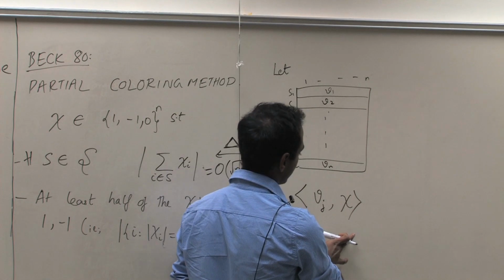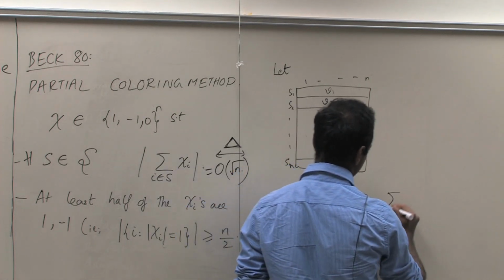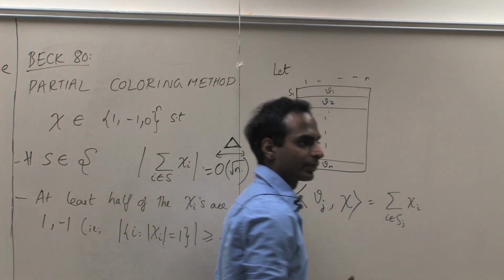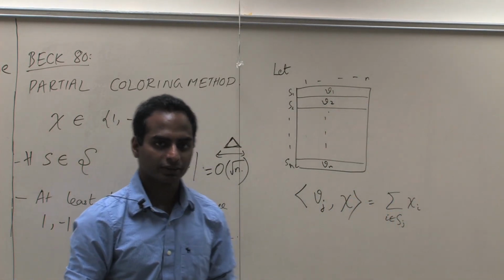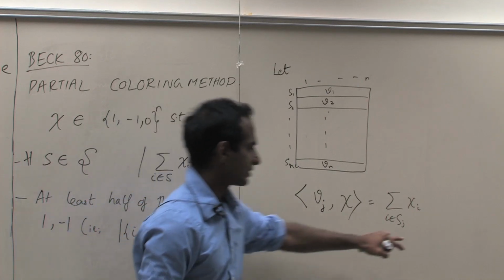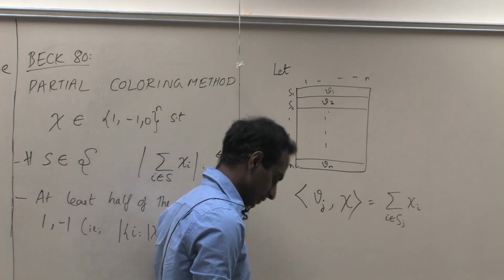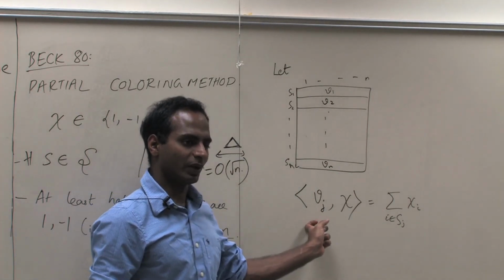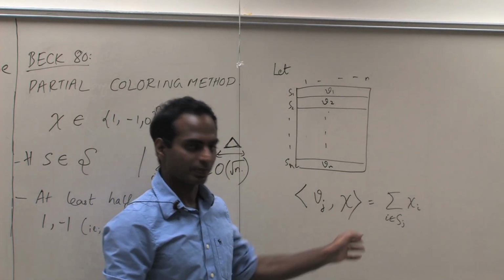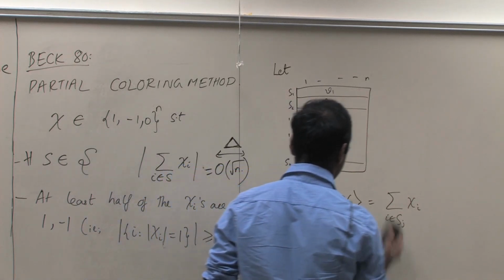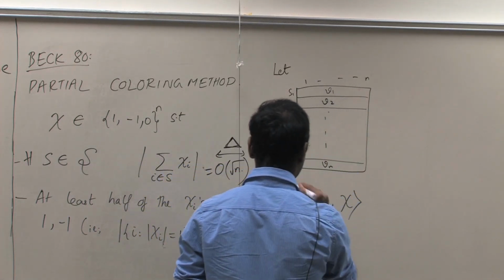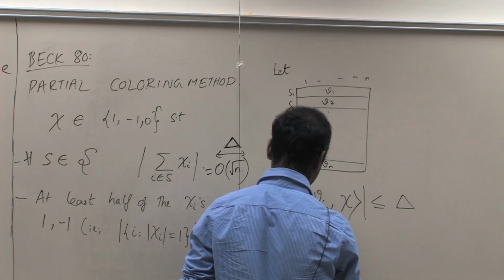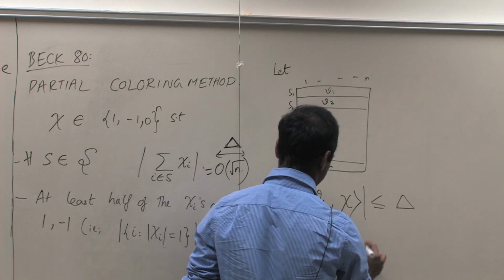This inner product is just the sum of the entries of chi in the jth set. So if I want to bound this sum, I might as well just look at this inner product between the vector and the coloring vector chi. So what we want is this inner product to be at most this much for all j.